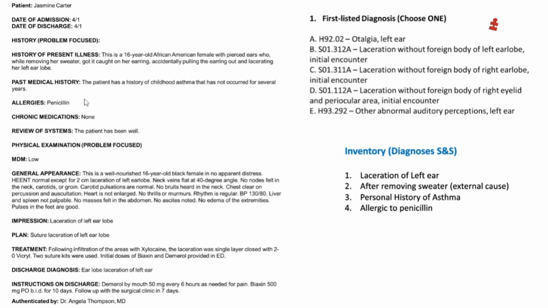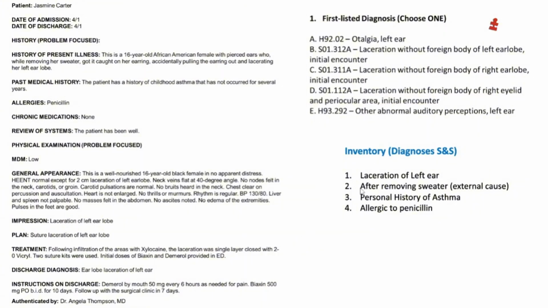If it's said in the history of present illness, this is the patient talking, so this is not necessarily true. Even though you can code here, you have to prove it throughout, by reading the body of the documentation to make sure that it's accurate.